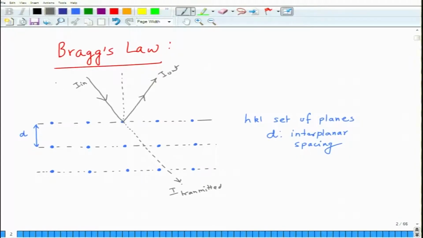So we have a parallel beam coming from here as well. I have to draw this in this fashion, so that it comes in.